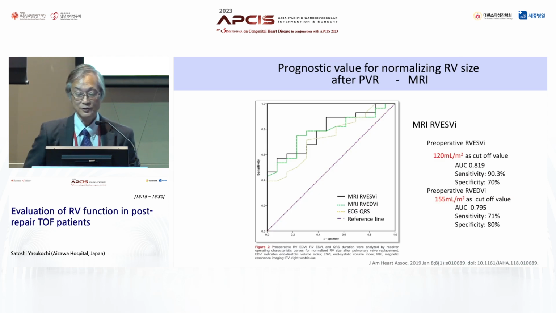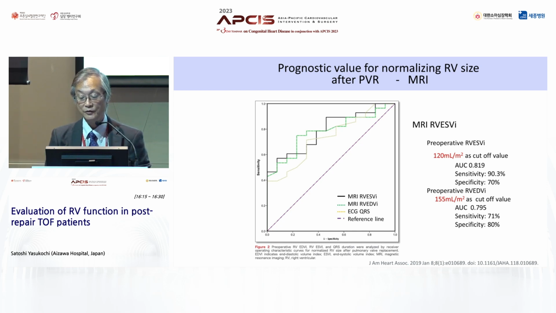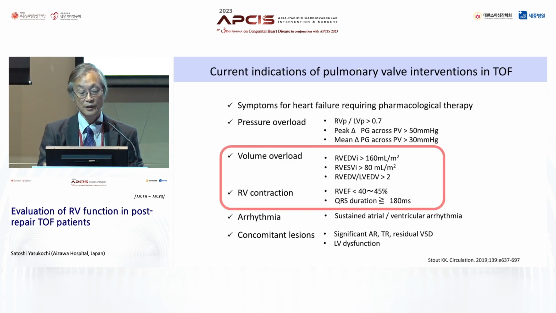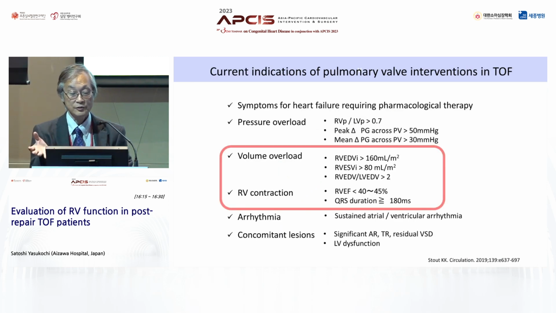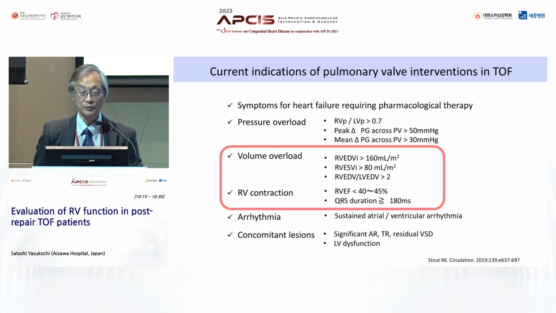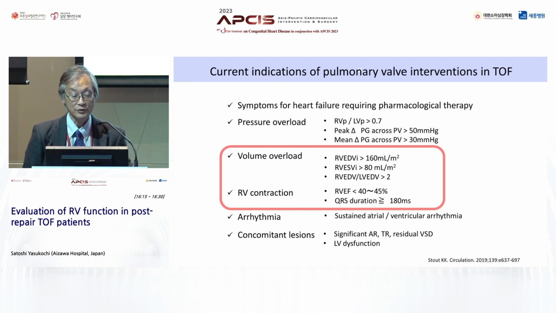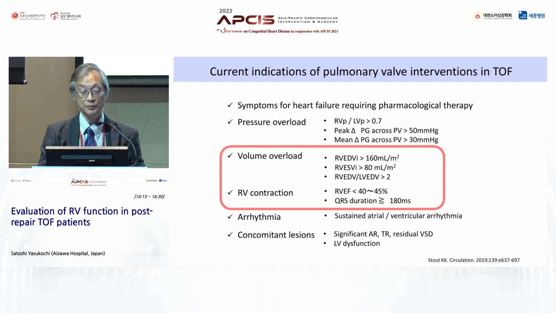Another paper reported different cutoff values: ESVI of 120 and RV EDVI of 155. But something around these values is the cutoff for getting normal RV function after PVR. So according to this, the current indication for pulmonary valve intervention in tetralogy of Fallot is about the volume overload, RV contractions as shown in the slides, as well as the pressure overload.